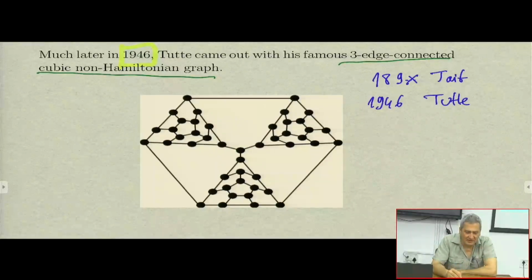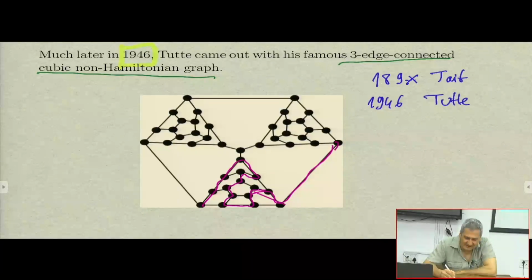We can just try once. Now I can repeat these things, but then I will be left without vertex. Yes, let's say I do like this. And I am stuck because I start here, and I finish here.